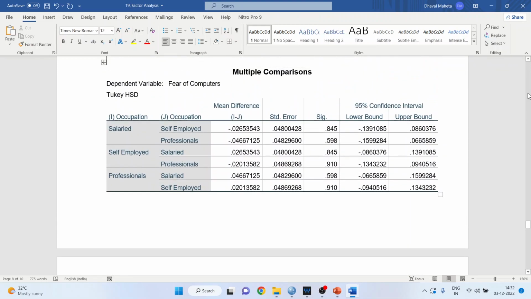So here, all p-values are more than 0.05. But let us assume this scenario. Let us assume, just as our assumption, 0.000.